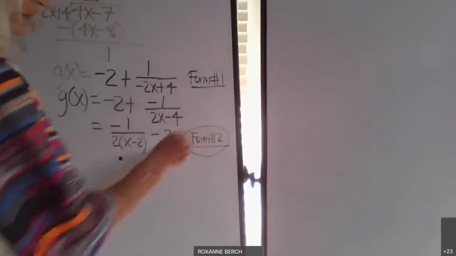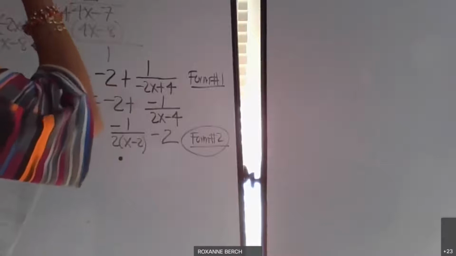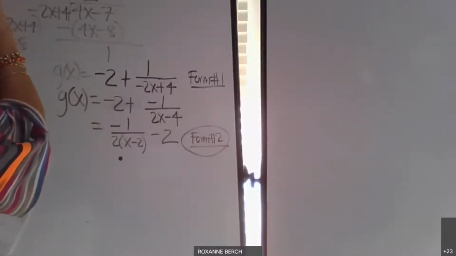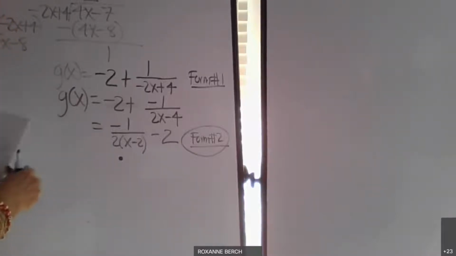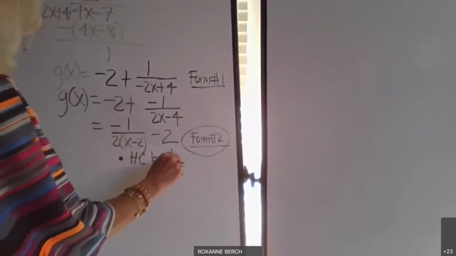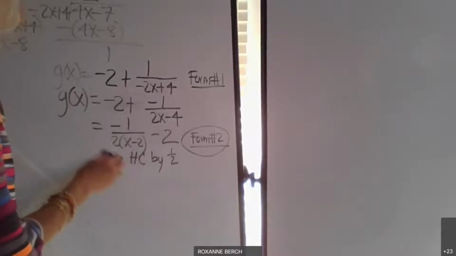Wait a minute, that's the wrong order because you have it in form 2. What's the order for form 2? It would be a horizontal compression by 1/2. Left 2 and down 2. Wait a minute, reflect X.